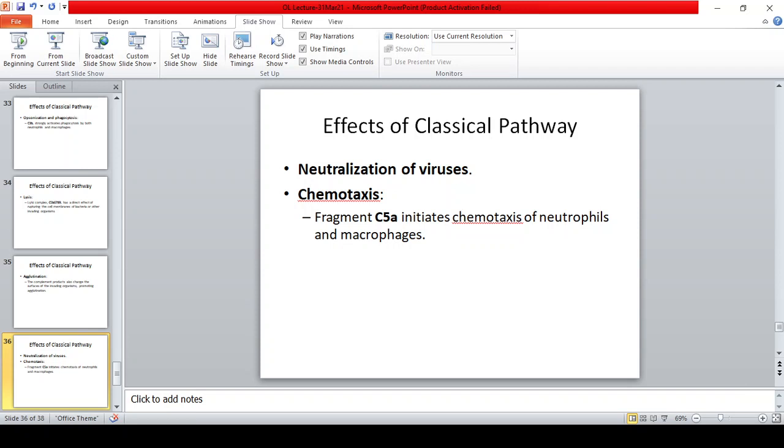Then there is neutralization of the viruses, and what happens is that the complement enzymes and other complement products can attack the structure of some viruses and can cause them to become non-virulent. And chemotaxis is caused by the C5a fragment, and this causes the chemotaxis of the neutrophils and the macrophages to the affected area, the inflamed area.